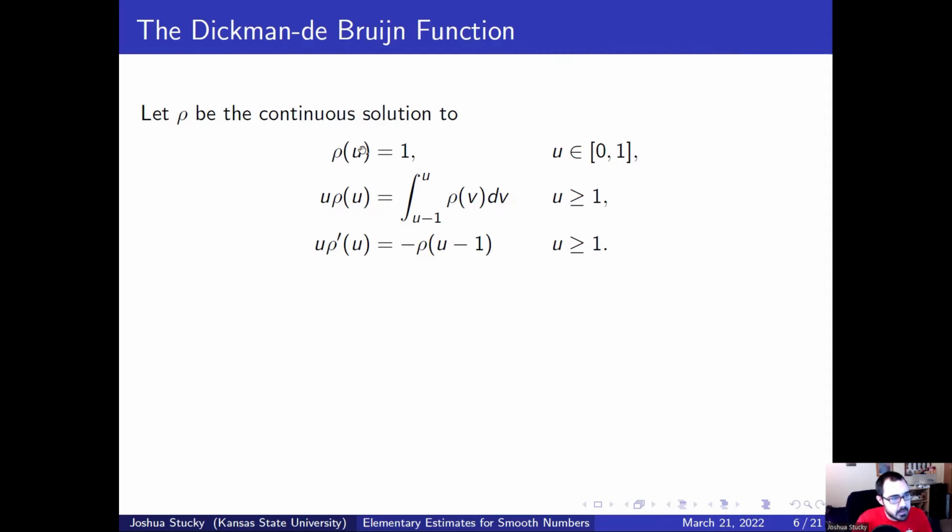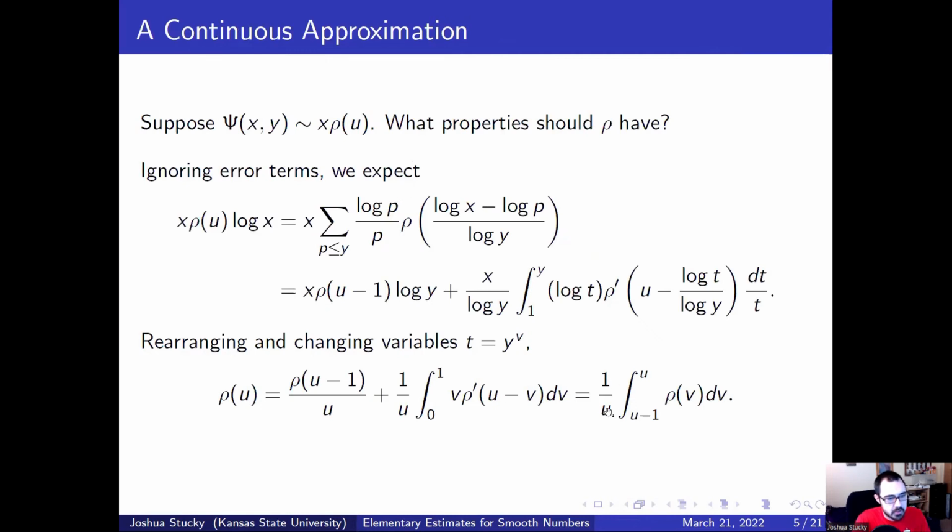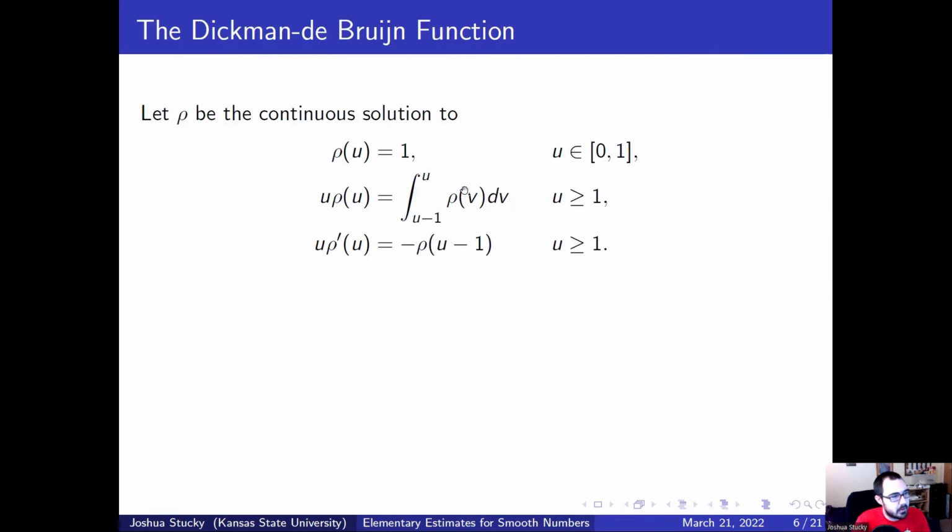So I have this initial condition. And then if I rearrange the equation that I had here, I have this integral equation. And if you differentiate this and take the initial conditions as what they need to be, this is the same as just a differential delay equation, like so.